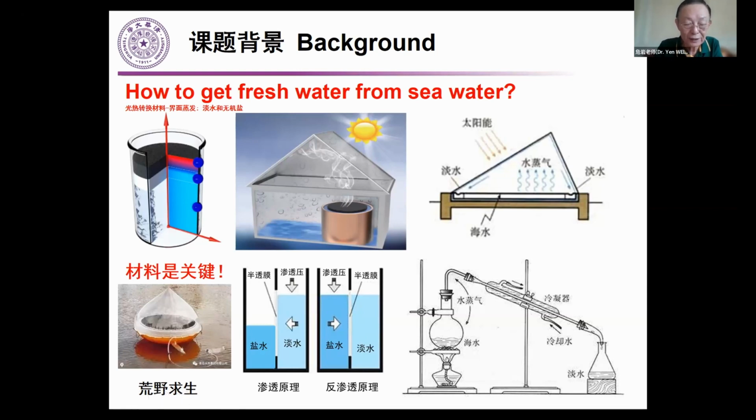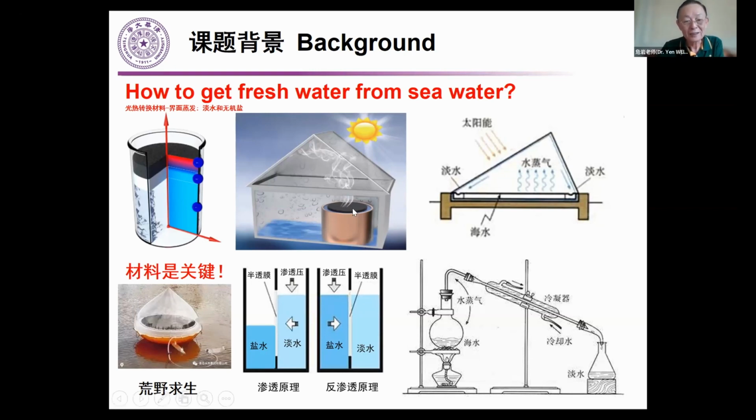Again, it's also very expensive stuff. The third one is everybody watching the movies, like survival in the wild, right? So all you have to do is the sand beach, you dig a hole, put a plastic on, and collect some fresh water overnight. That's all very low efficiency.